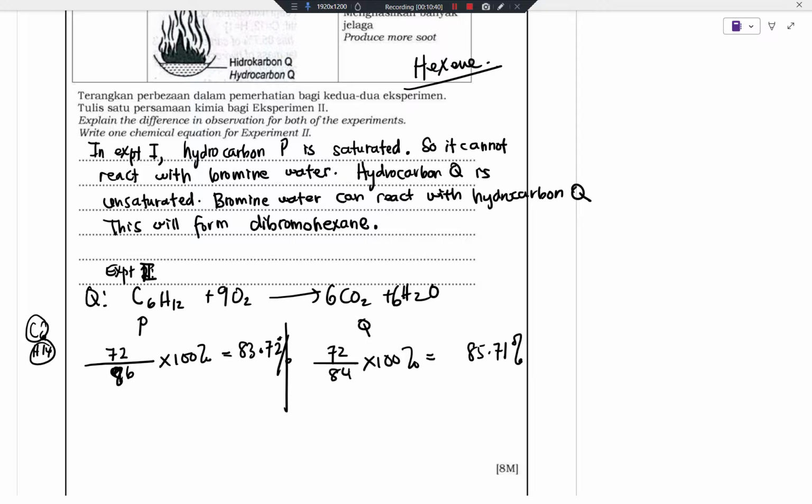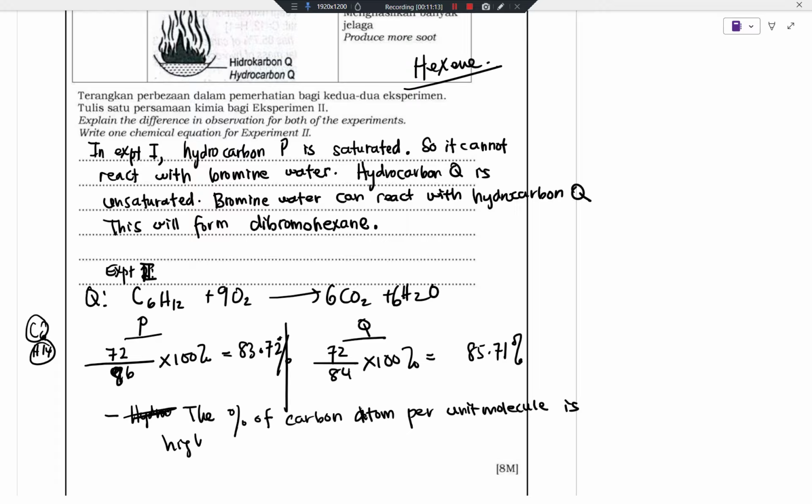Okay, so you can tell hydrocarbon Q, I can write straight away like this: the percentage of carbon atom per unit molecule is higher in hydrocarbon Q than in hydrocarbon P. Okay, that should be the explanation.